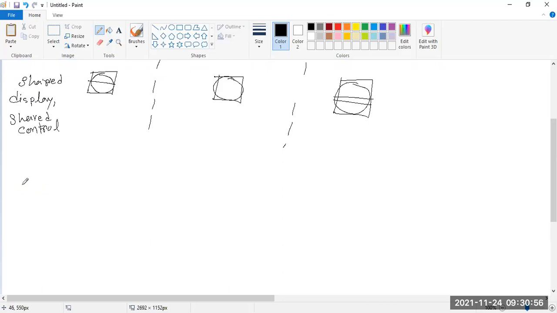Then comes the computer function. If some programming function is there, then this is the symbol.